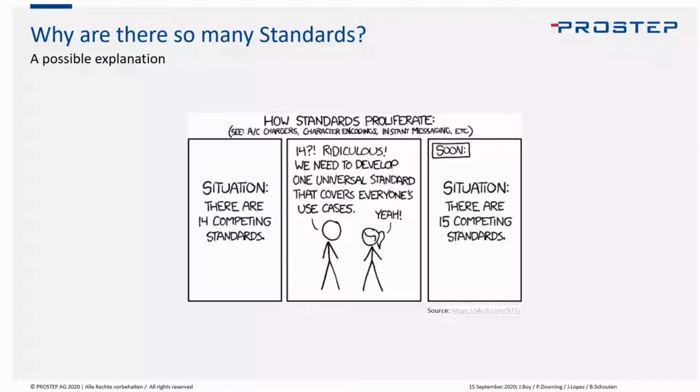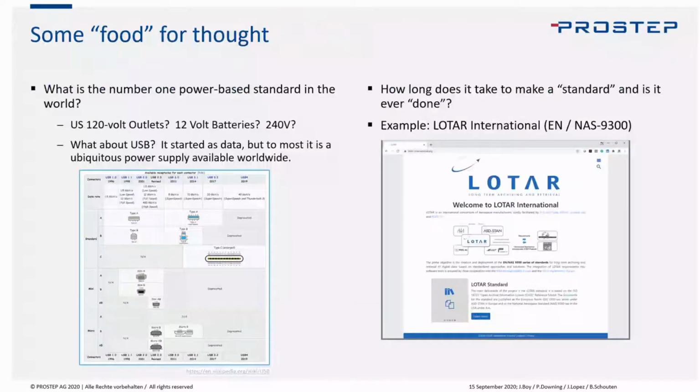And there's always a big temptation to say, okay, let's create a new standard that takes the best of everything. But sometimes you really have to ask yourself, is that really the way to go forward? Or aren't we better off using the standards that are already there and just combining them in a smart manner?